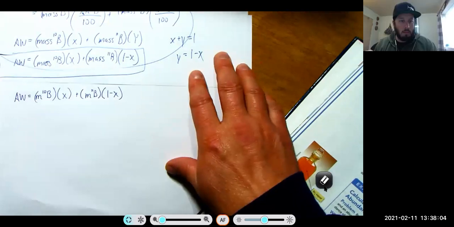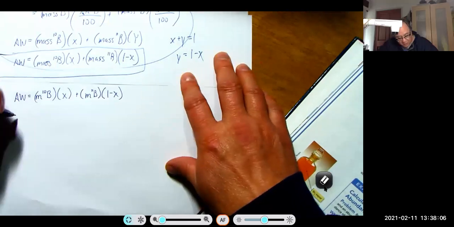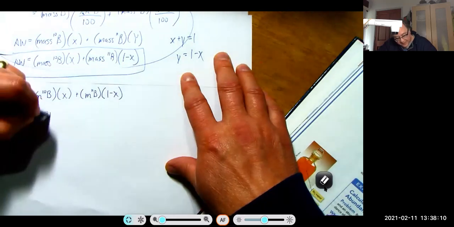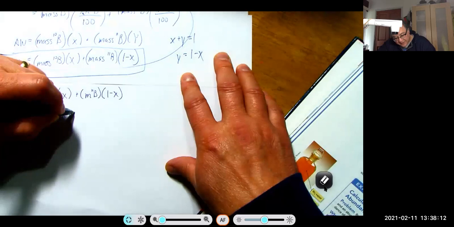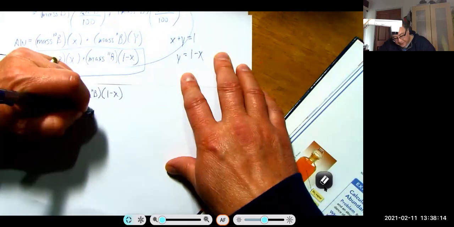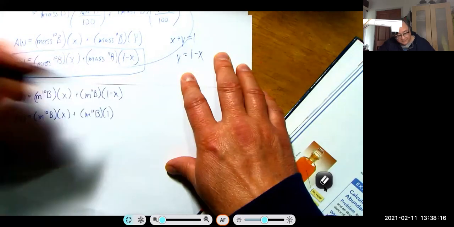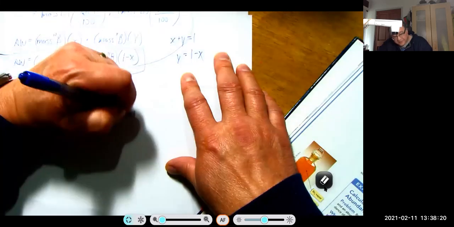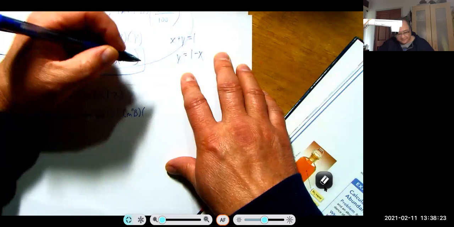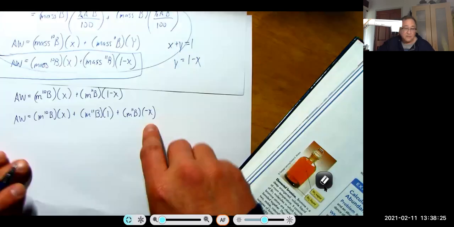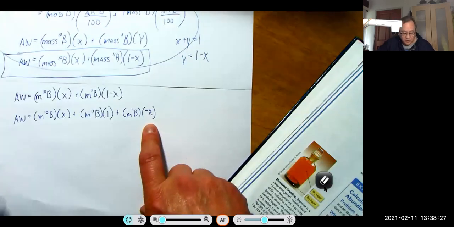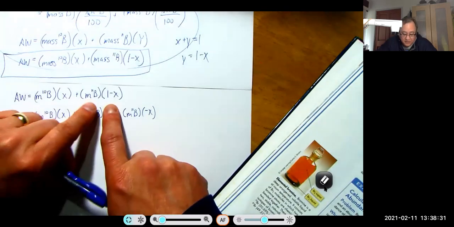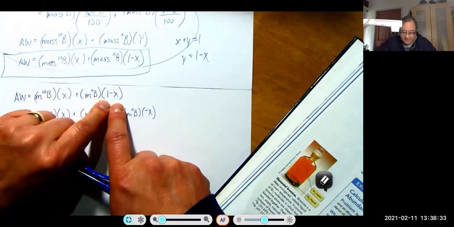Now I'm going to say that the atomic weight is the mass of boron 10 times X plus the mass of boron 11 times 1 plus the mass of boron 11 times negative X. What I've done here is distribute this multiplier against 1 and against negative X.